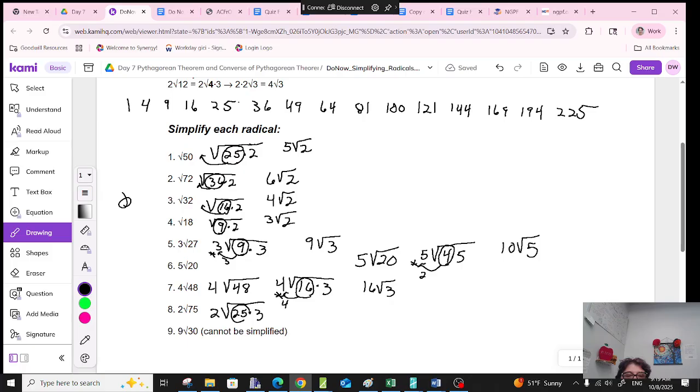What's the square root of 25? 5. 5 times 2 is 10 square root 3. 9 square root 30 cannot be simplified because there is not a perfect square that divides evenly into 30. Right? Because it'd be 1 and 30, 2 and 15, 5 and 6, 3 and 10. No perfect squares that divide into 30.